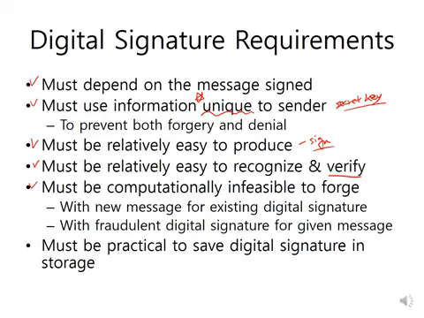And the next one, it must be computationally infeasible to forge a new message for an existing digital signature or a fraudulent digital signature for given messages. So when the digital signature is given or when the message is given, its corresponding message or corresponding digital signature should not be forged easily. So this is the security requirement.